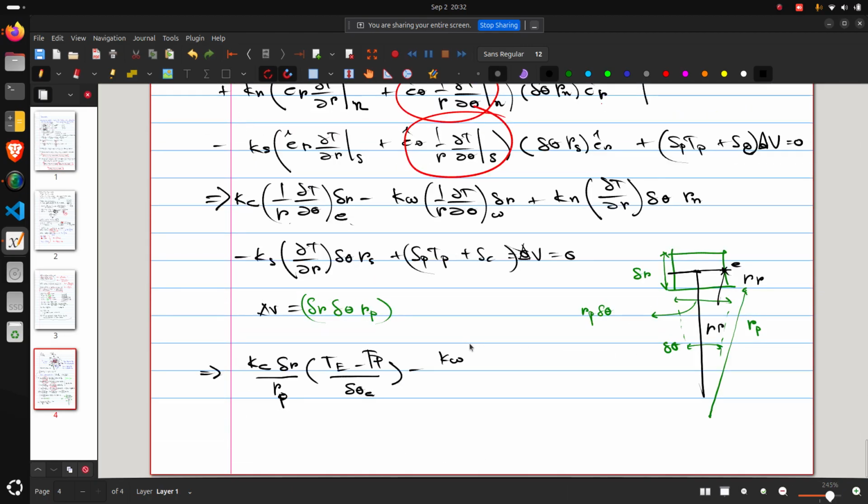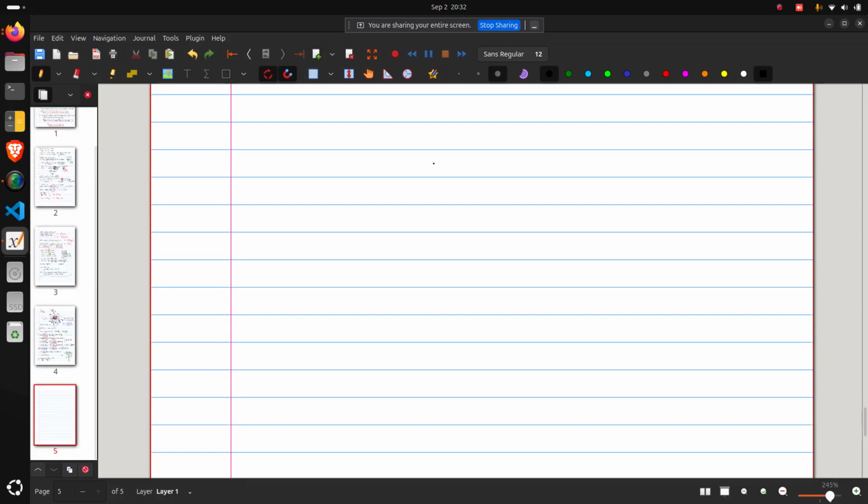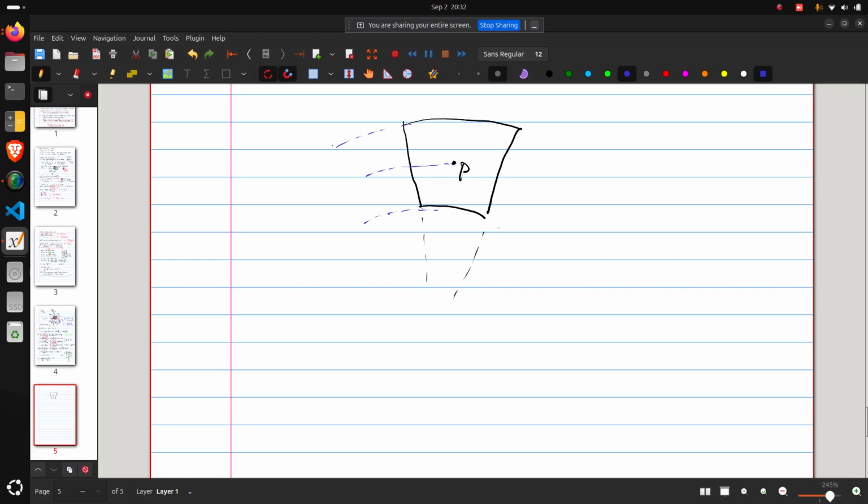Okay, let me just draw here again. Let me make it clear. It's quite haphazard. So this is the sort of cell that we get in a polar coordinate system, and this is P, something like this. So there is the centroid radius, there are different faces here, right? So here the radius of this face will be r small s, this will be r small n, right?